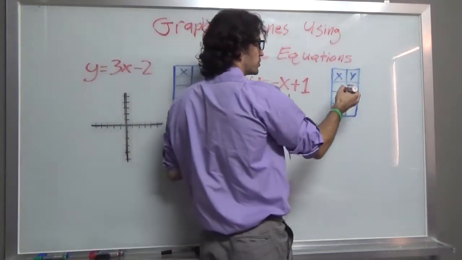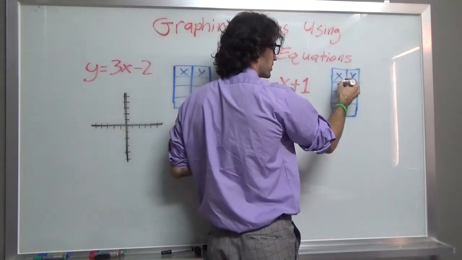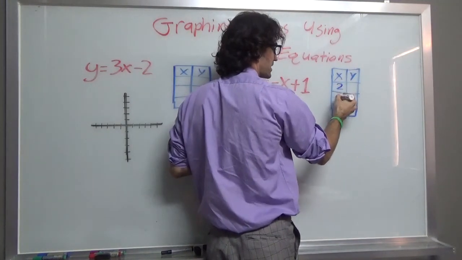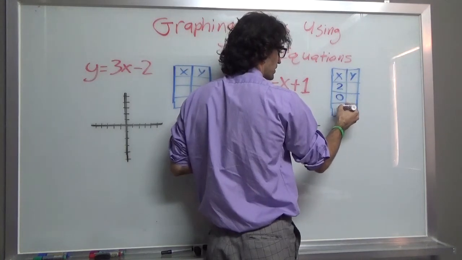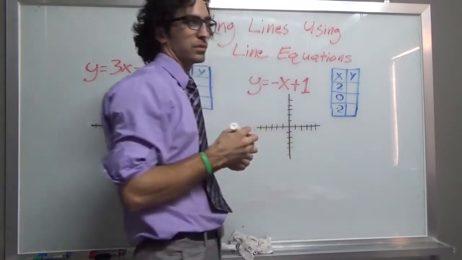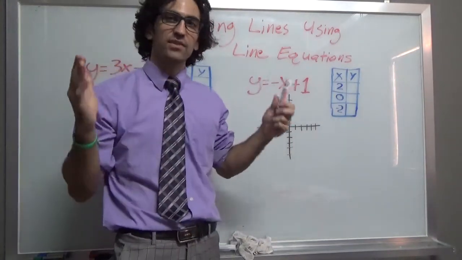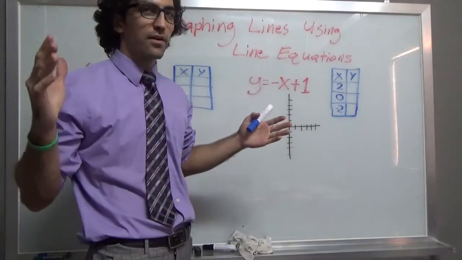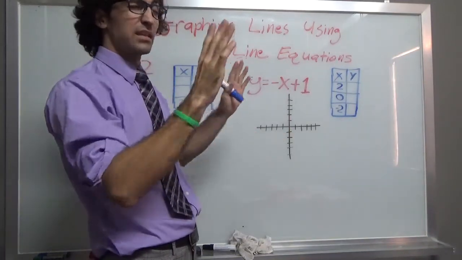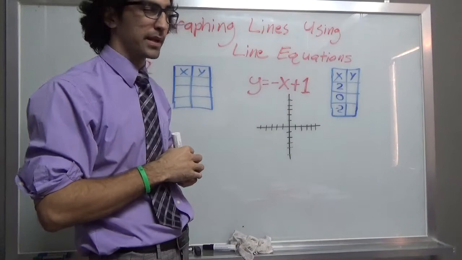3 points that I think would be good: let's try when x is equal to 2, when x is equal to 0, and when x is equal to negative 2. There's kind of an even spacing in there, and I think that is a wide enough range that we will be able to see the full scope of what is happening.